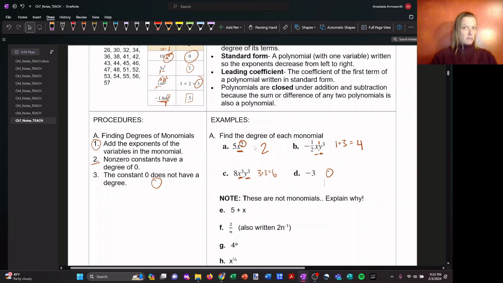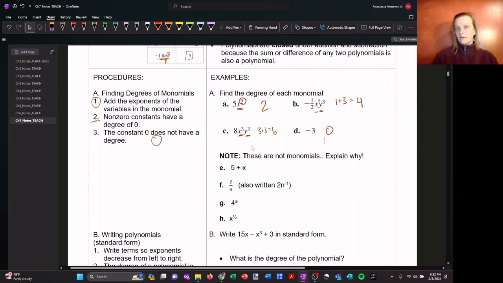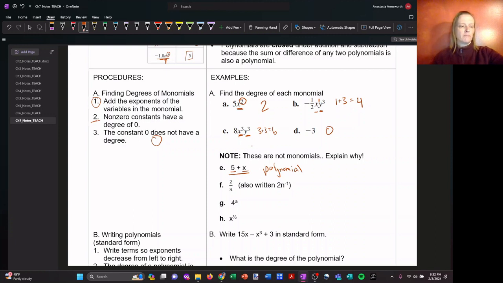Let's look at some things that are not monomials and find out why they're not monomials. This here is not a monomial because it is a polynomial. You can't have an addition sign or subtraction sign inside of a monomial. This one is not a monomial because when you have a variable in the denominator, that's the same thing as writing the variable with a negative exponent.